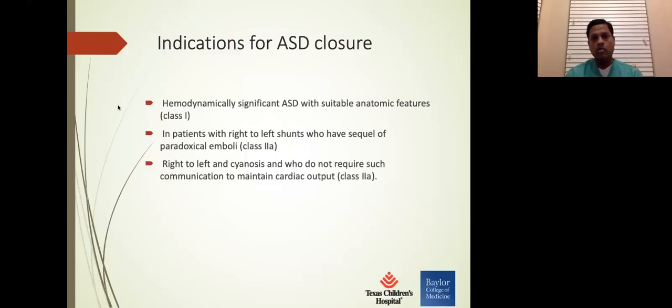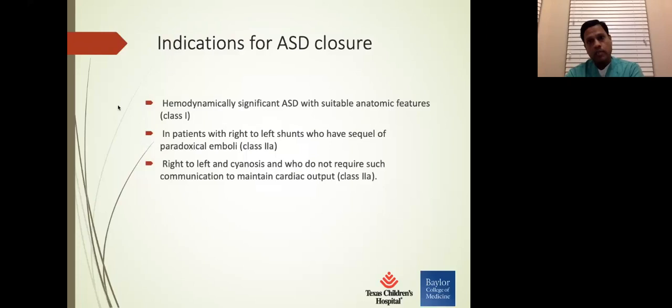ASD closure is also indicated in right-to-left shunt with sequelae of paradoxical emboli, such as stroke. And this is mainly derived from adult data with the RESPECT trial, which showed significantly less incidence of stroke post PFO closure in patients who have had cryptogenic stroke.